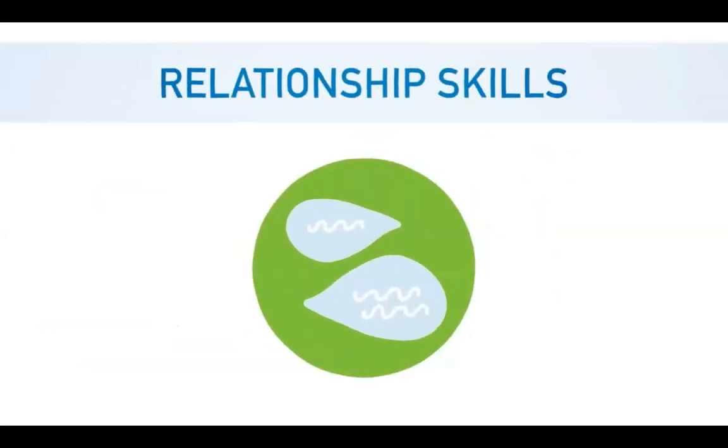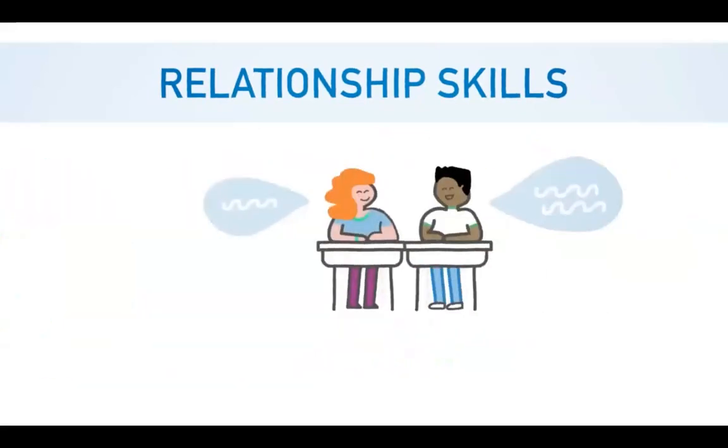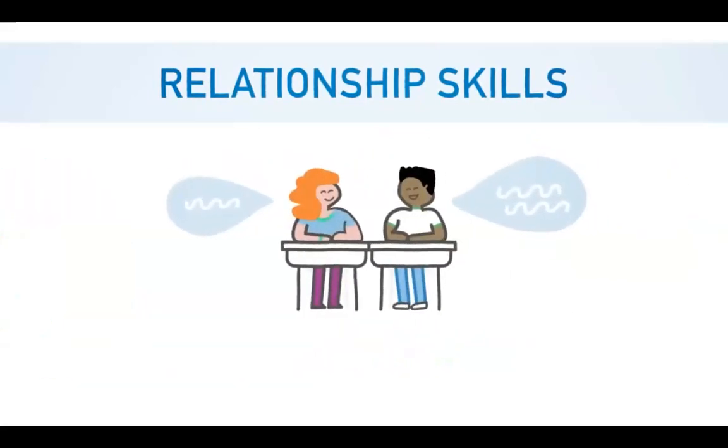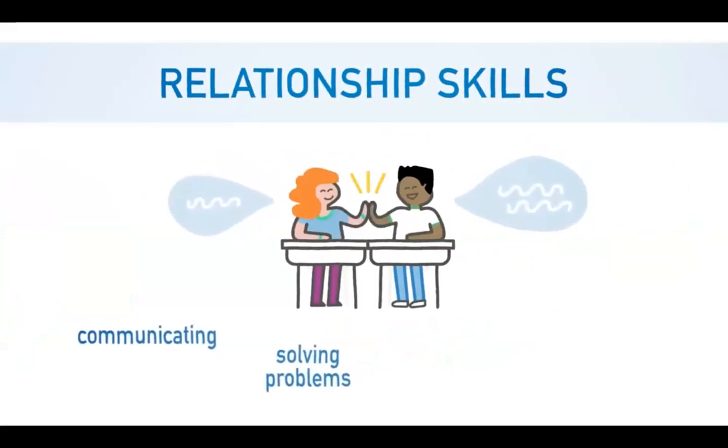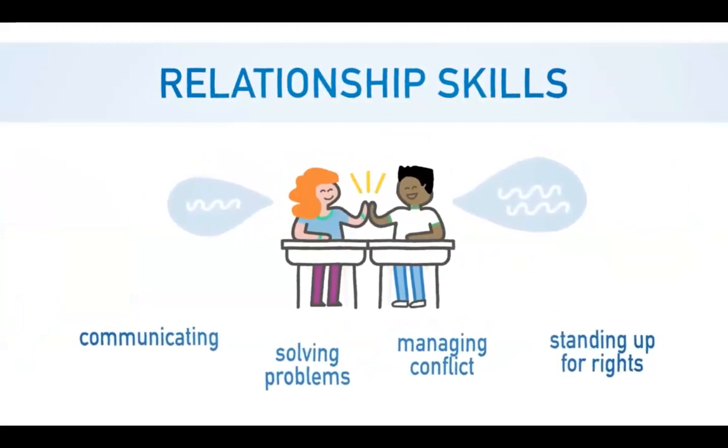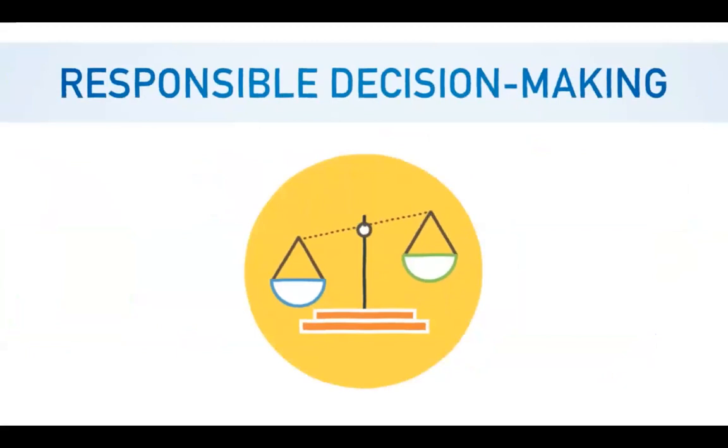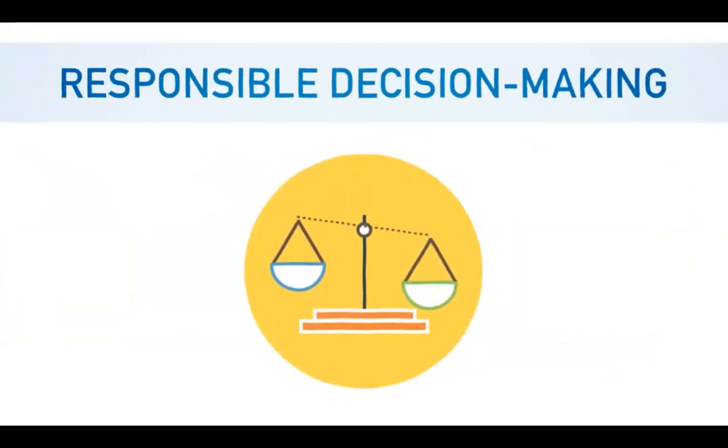Relationship skills are how we connect and engage effectively with others, and how we form lasting friendships and connections. This includes communicating clearly, solving problems together, managing conflict and disagreements, and standing up for ourselves and the rights of others. Lastly, responsible decision-making is how we put it all together to make caring and constructive choices.